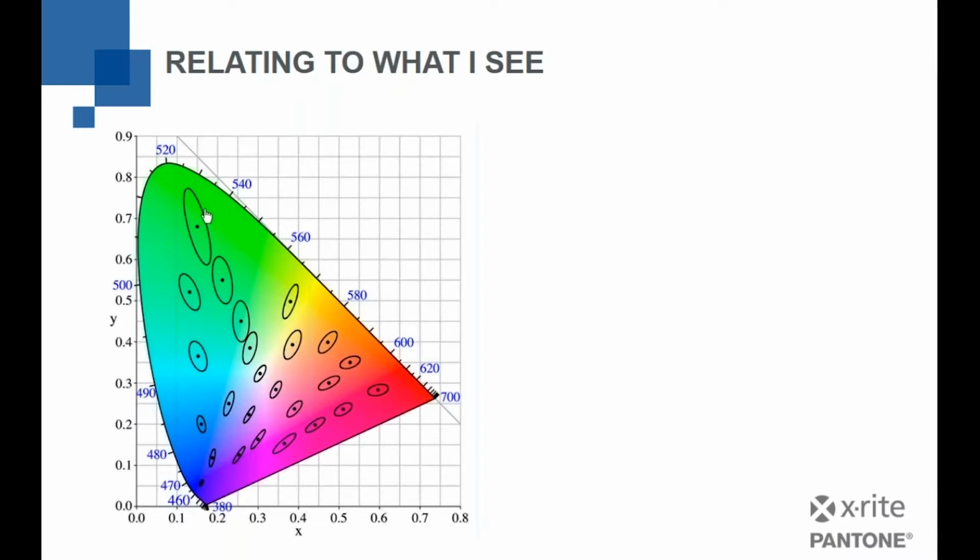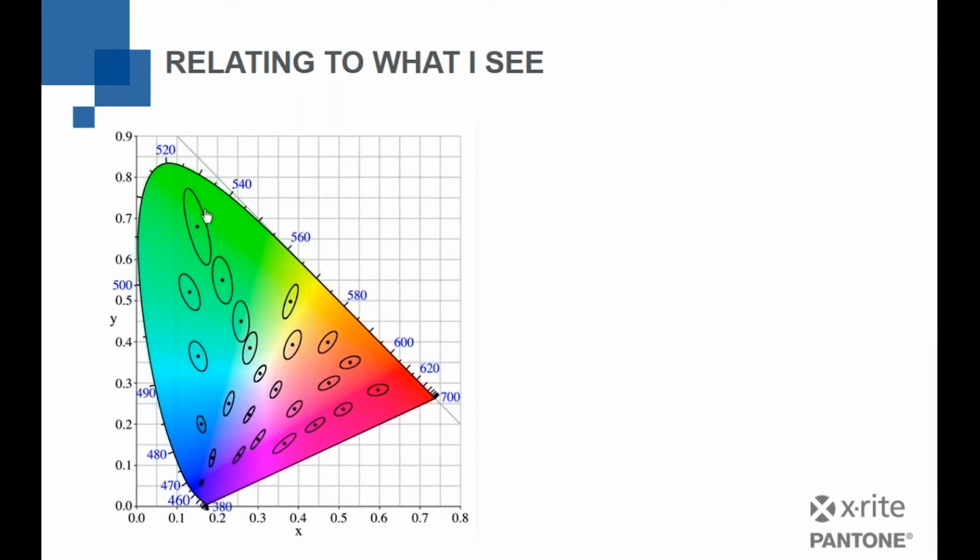So what he proved is that for a single color, we don't detect difference in each direction the same, but he also proved that it's different for every color, as is very obvious by the size of the ellipse of a green to a blue to a red to a yellow to a gray. All those ellipses would be of different size.